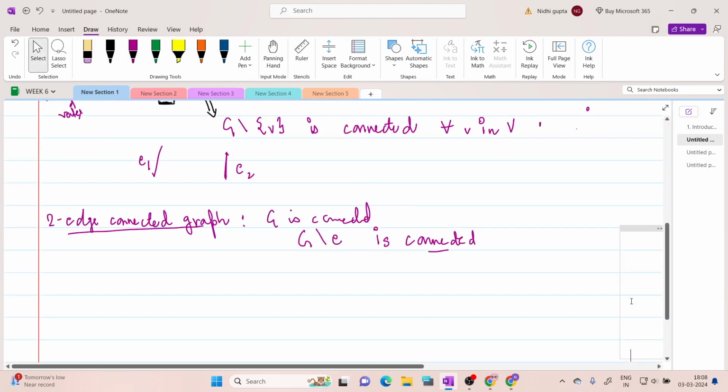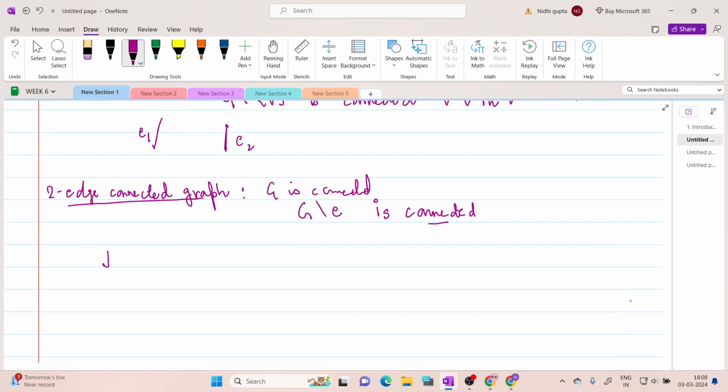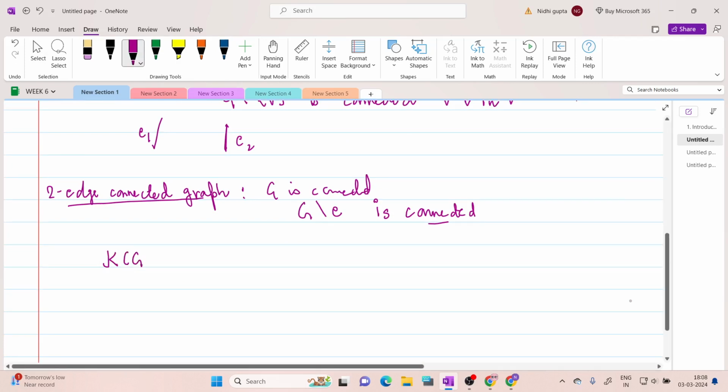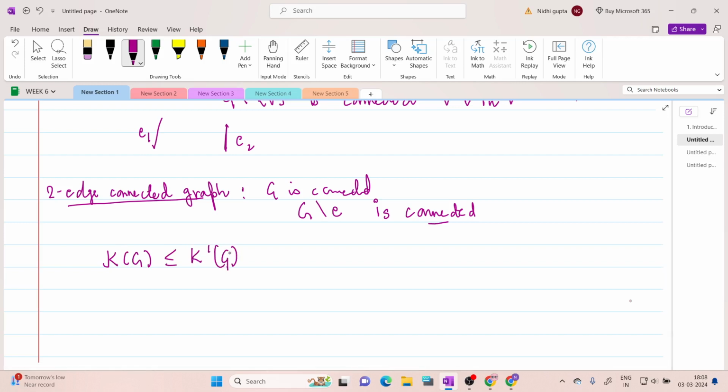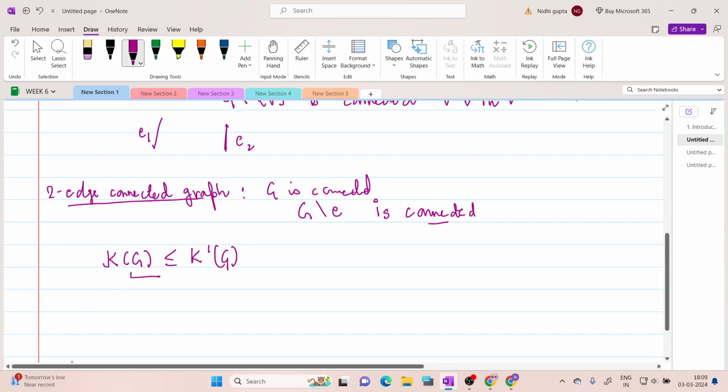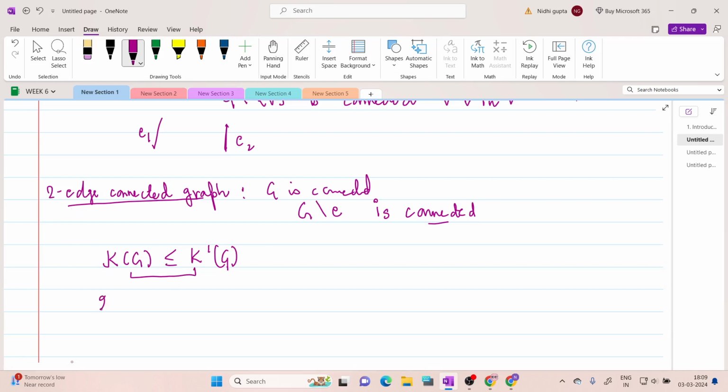And now also we have that κ(G) is less than or equal to κ'(G). So using this, can we say anything about what implies what? Does a two edge connected graph imply a two connected graph, or the other way round?